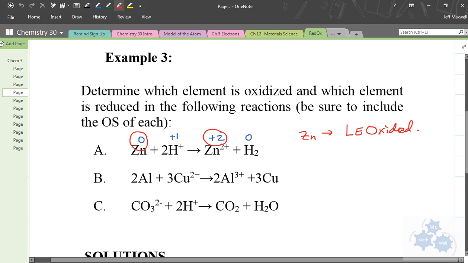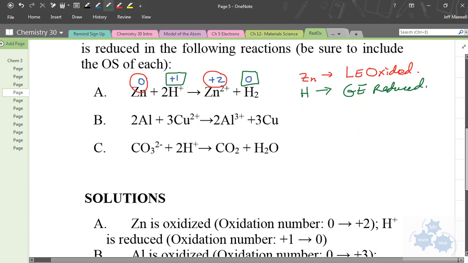Losing electrons. Now hydrogen is a +1, and now it's becoming more negative, isn't it? So it's gaining electrons. So hydrogen is gaining electrons, so it is reduced.